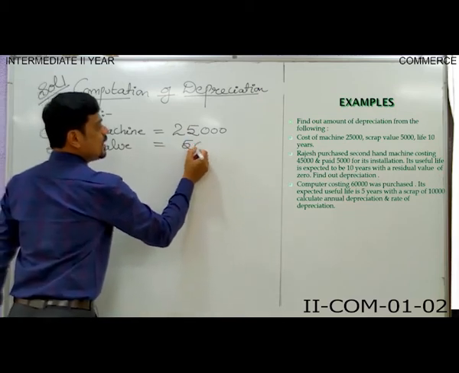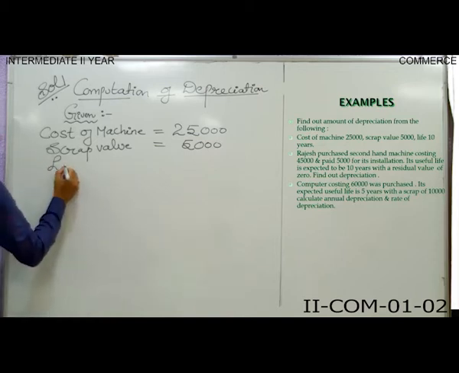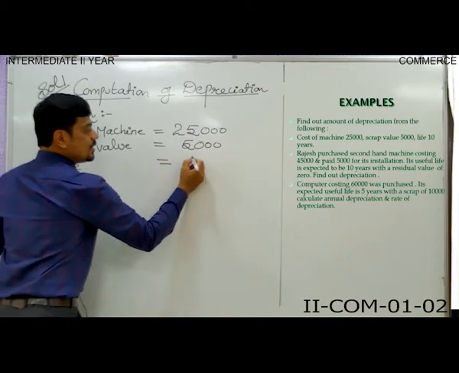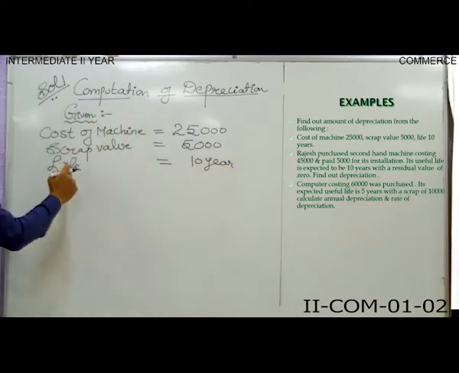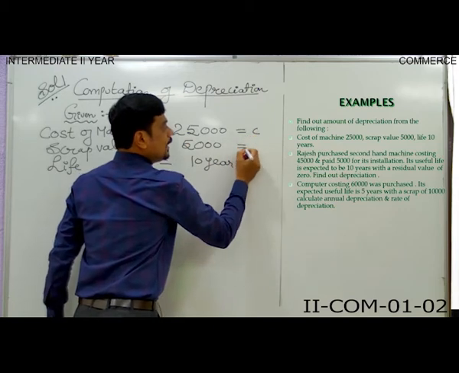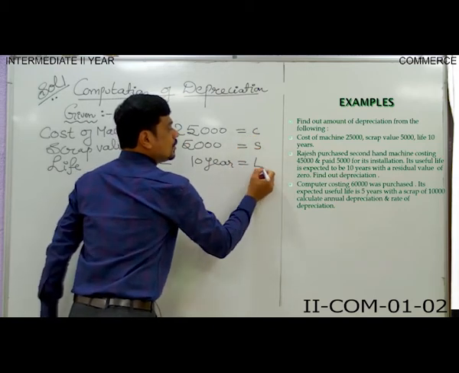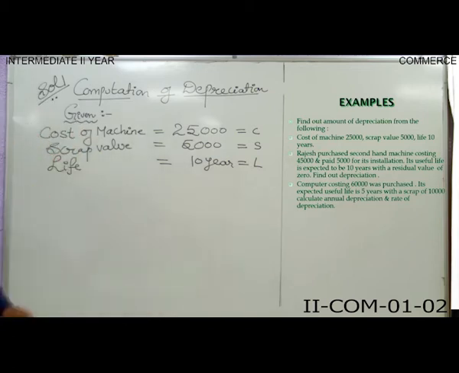How much is given? 5,000. And the third factor, which is the life. What is the life they gave? 10 years. Like this, you'll chalk out first what the factors of depreciation are. And after that, better abbreviate them: C, S and L. Cost value, scrap value and life.